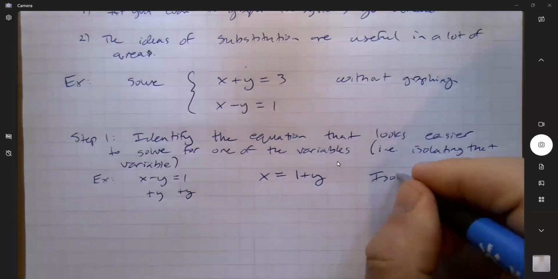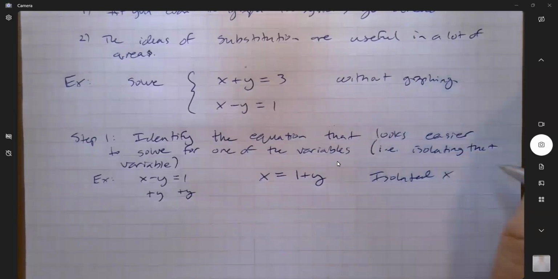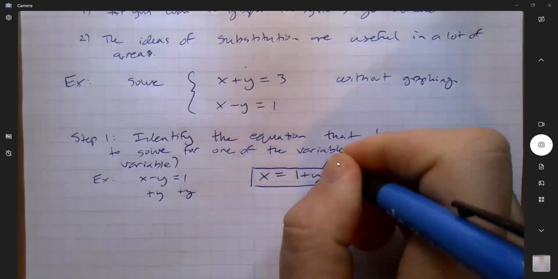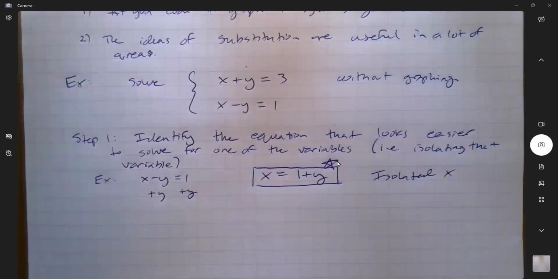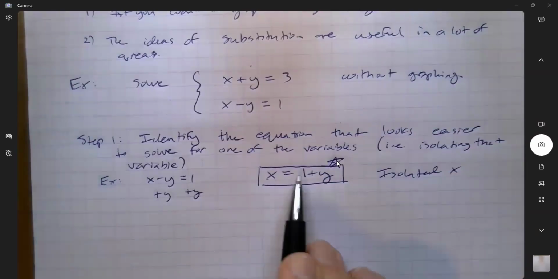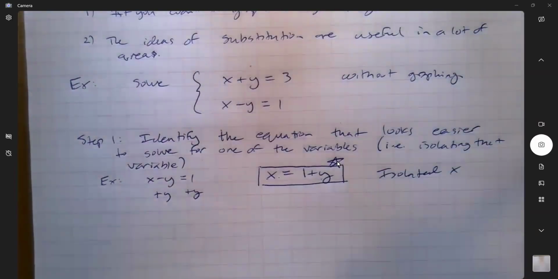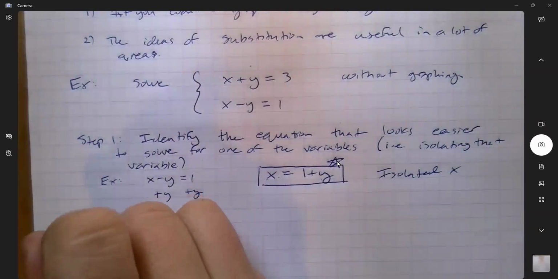I have now isolated x. And this equation, I'm going to put a star next to it. The starred equation is the piece of information that we're going to use in our first equation.